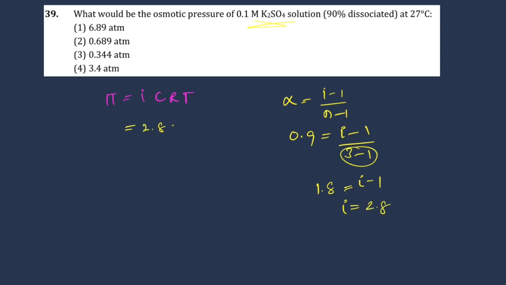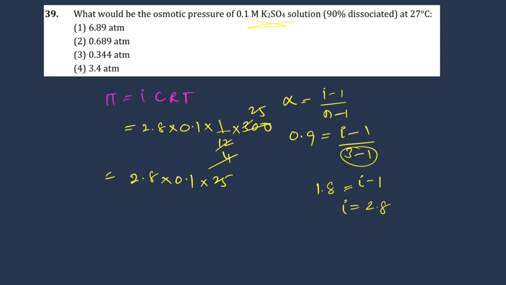Therefore the concentration is 0.1, the R value is 1 by 12, and T is 300. Then 3 4s are 12, 25 is 100, so it is 2.8 into 0.1 into 25.